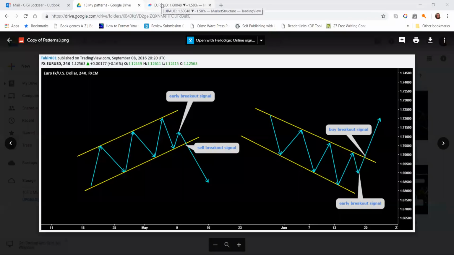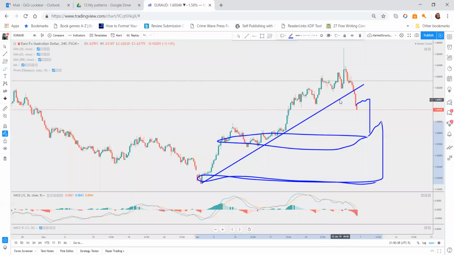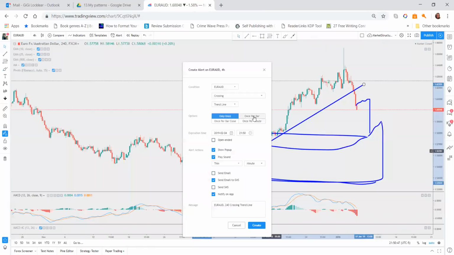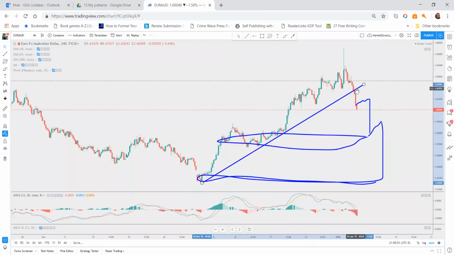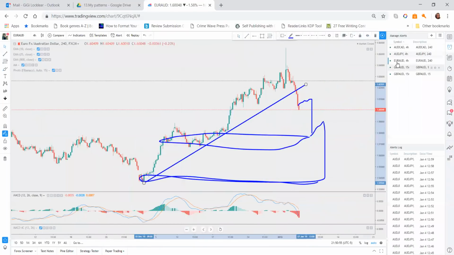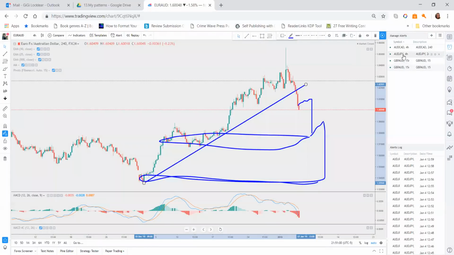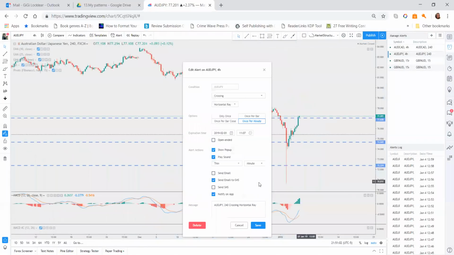All right, I'm going to click back over to EURAUD. If we had wanted to set an alert for this, you can right click on your trend line and do add alert on trend line. Me, I put once per minute, and I create it. And see, it's already broken, so that's no good to me anymore, but this one here on AUDJPY the other day, it broke.